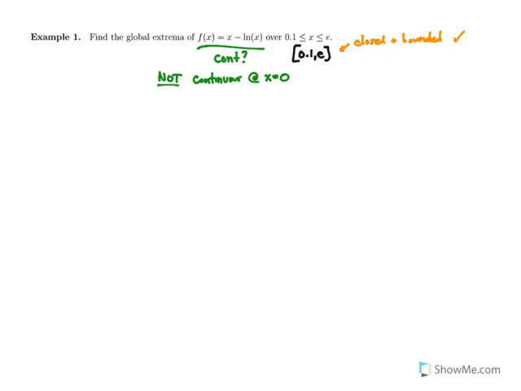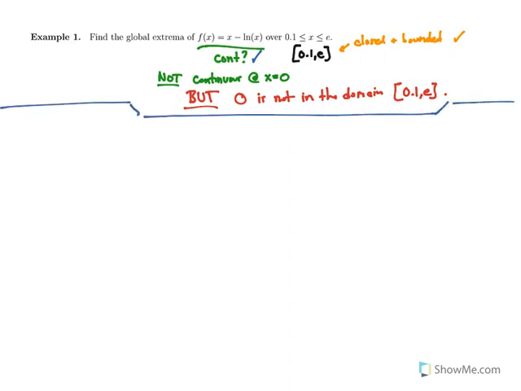So because of that, we need this to be continuous, but note, 0 is not in the domain. The domain is 0.1 to e, so there's no issues, right? This is continuous on the domain, which is all we care about in this problem.